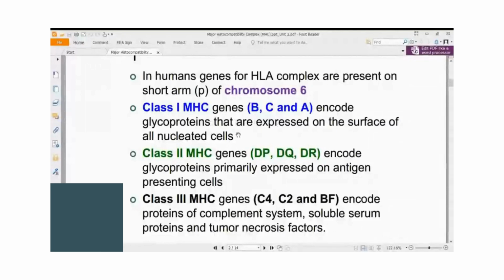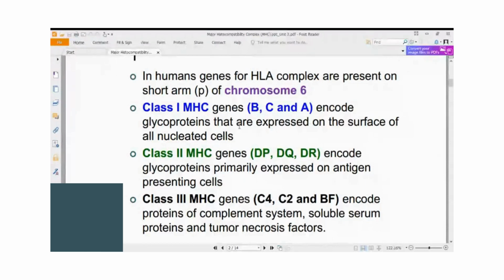Please underline that statement. Any nucleated cell that is there in our body will express class 1 MHC. Class 1 MHC is expressed by all the nucleated cells. It is the characteristic of almost all nucleated cells that are present in our tissues, and it is a very important antigen.